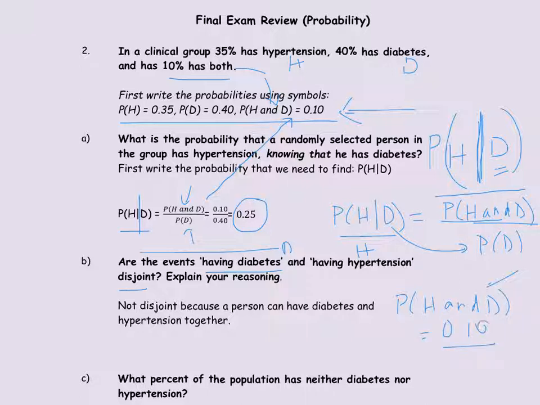So there is a probability that a person has both, which means the two events, diabetes and hypertension, can occur together in one person. So our conclusion is that the two events are not disjoint, which means they can happen together, or can happen simultaneously.